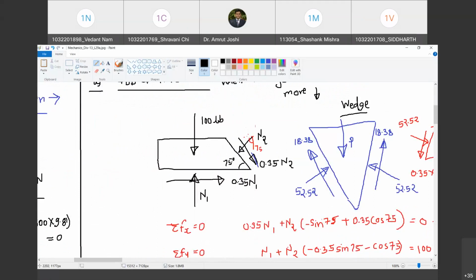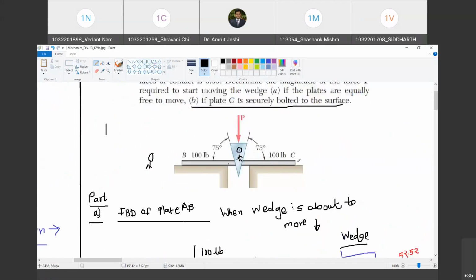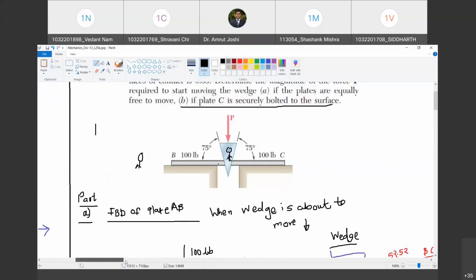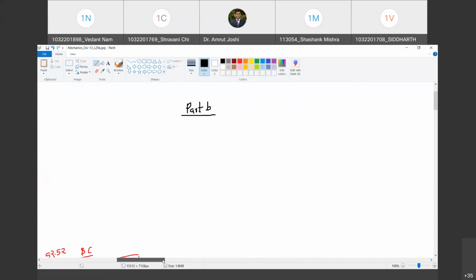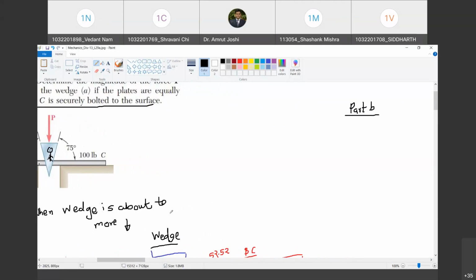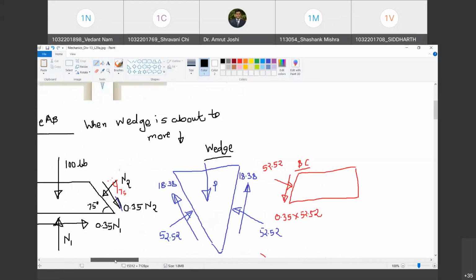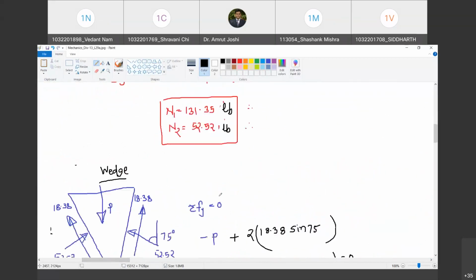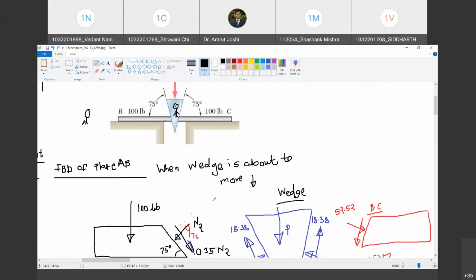What happens to the free body diagram of plate C? Sir, it will not move towards right now. Right, but anyway there was an impending motion in this case, है ना? Yes, sir. Change क्या होगा बताओ मुझे? What will be the change?